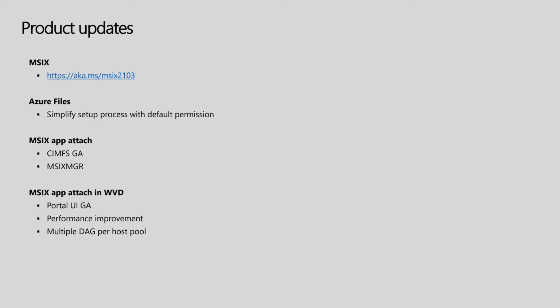Now, when we're talking about MSIX App Attach all up, meaning not directly the implementation in WVD, NTFS, we haven't announced an official GA for that product, mainly because there are some opportunities for improvement that we are looking to address. If you are going to production with MSIX App Attach for the time being, VHD, VHDX is your choice. CimFS will be coming later this year, before May, June.